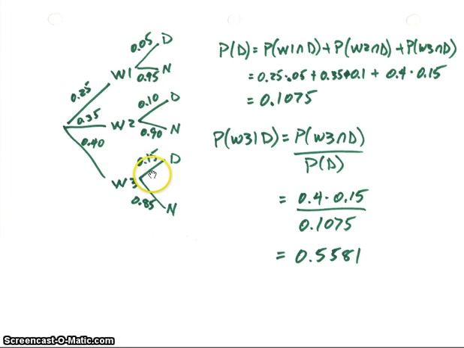And so if we know a part is defective, then that tells us that it's more likely that worker 3 made that part than any of the other workers, because he's making the most parts and he's making the most defective parts. And so we see by this calculation that, given that we know it's a defective part, it's actually more likely that it came from worker 3 than if we just picked a random part and asked what's the probability it came from worker 3. So that also makes sense. Because he has a higher percentage of defective parts, that actually makes this probability higher.